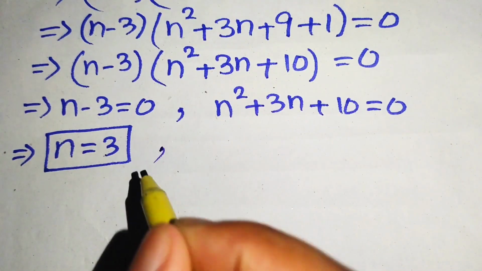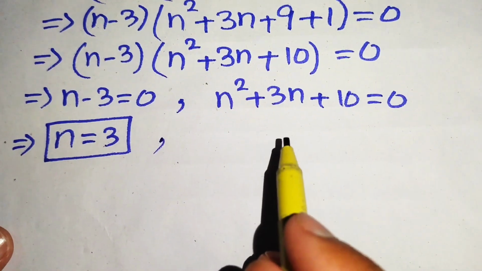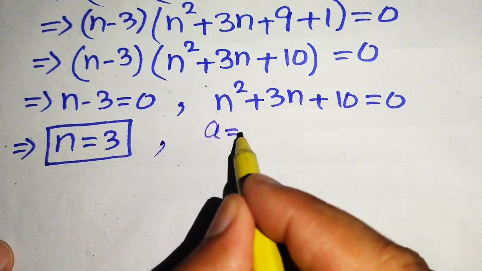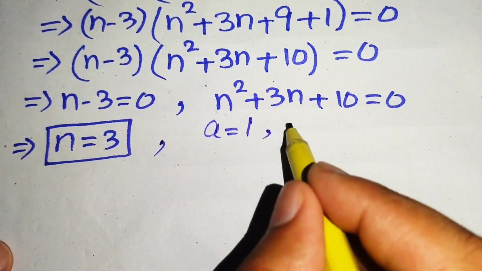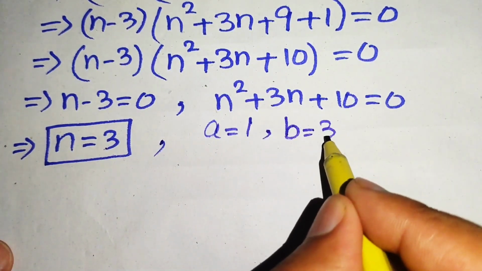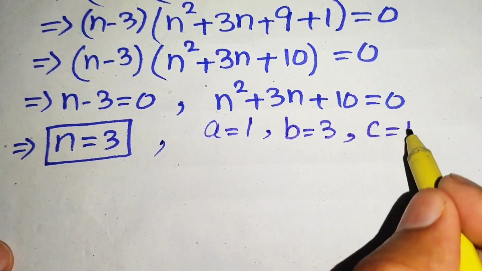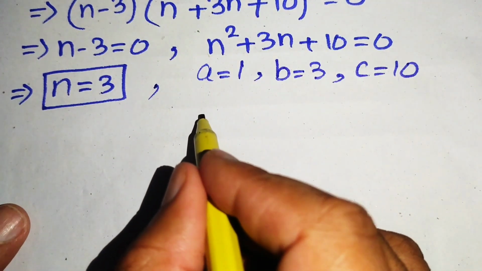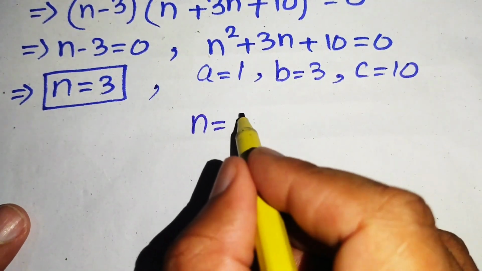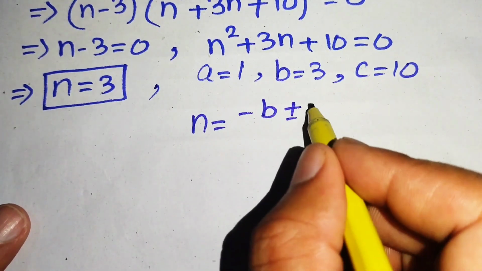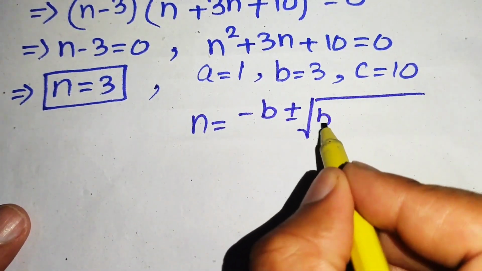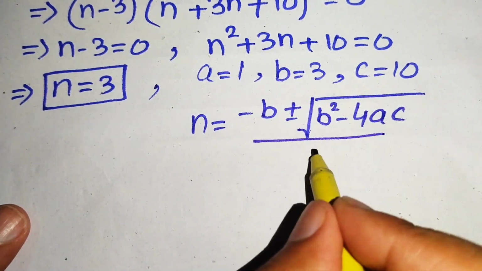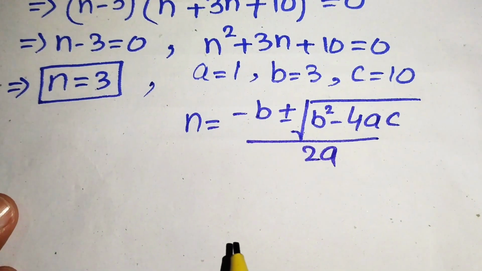So now in order to find the other roots we need to solve this quadratic equation. First we write the coefficients of this equation, and its coefficients are a equals 1, b equals 3 and c equals 10. And here we write the quadratic formula. Our quadratic formula is n equals minus b plus minus square root of b square minus 4 times ac divided by 2 times a.